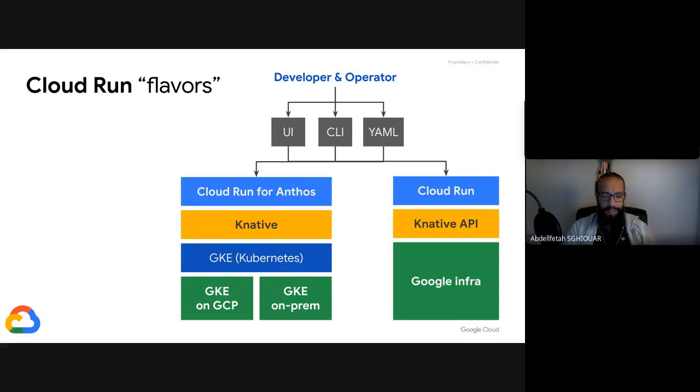Now, I said earlier that we want people not to use YAML files, and this might sound counterintuitive. It's not. There is work being done to allow people to actually deploy Cloud Run applications using YAML if they want to enable greater customization. You can think about it as the GUI and CLI is the easy way, or the quick start guide.